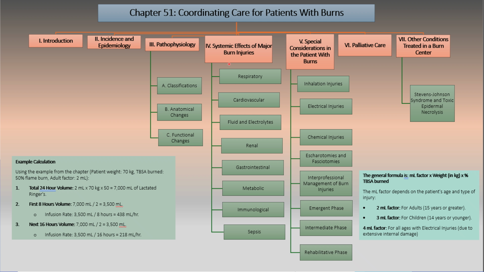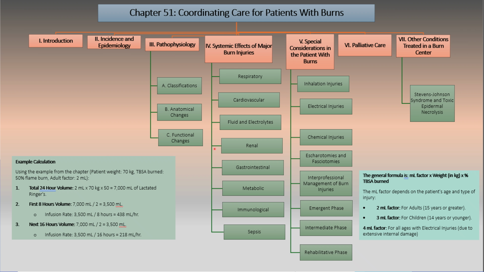The systemic effects of major burn injuries. Here it's respiratory, so it's like inhalation injuries, carbon monoxide poisoning. Cardiovascular, it's like burn shock, distributive and hypovolemic. Fluid and electrolytes: hyperkalemia, hypokalemia, hyponatremia.